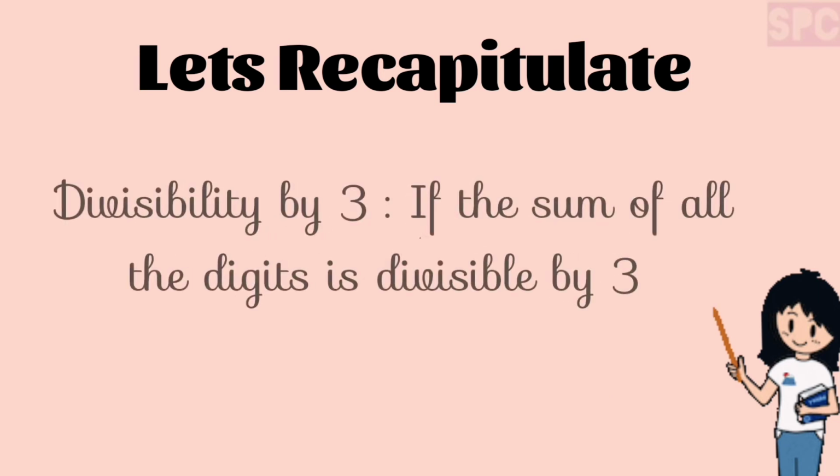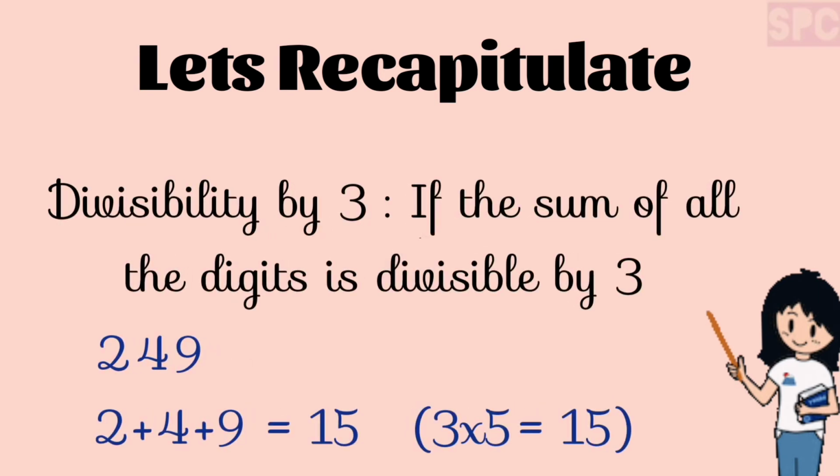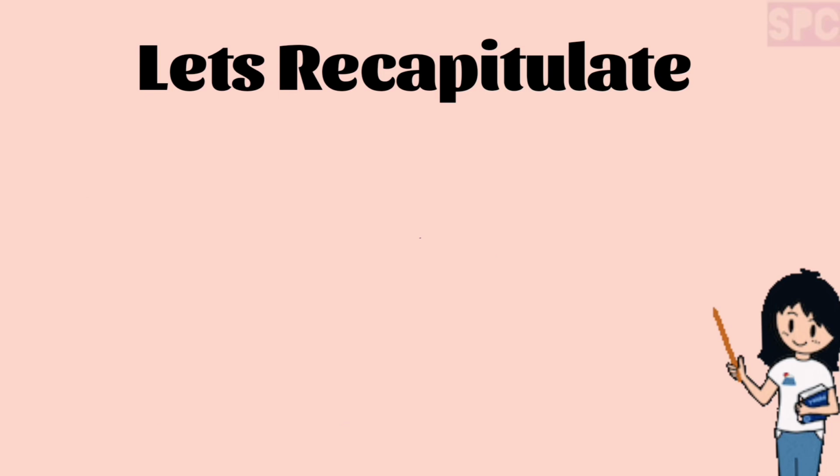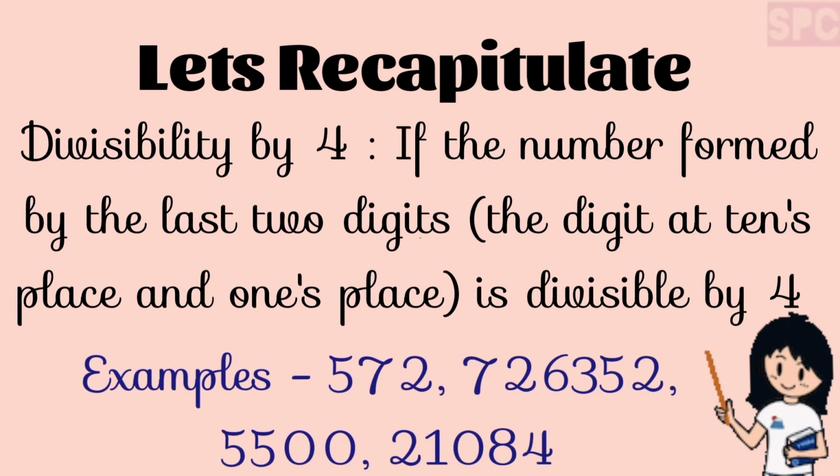For 3, the sum of all the digits of the number, if divisible by 3, then that number will also be divisible by 3. If the number formed by the last two digits is divisible by 4, then that entire number will be divisible by 4.